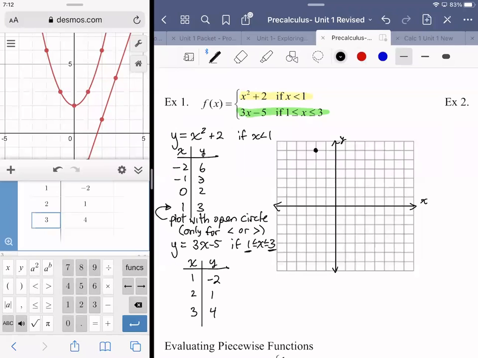I'm gonna plot -1, 3. 0, 2, and then 1, 3 I plot with an open circle. And again, that just means that we're going to get very, very close to the x value of 1, but we're never actually going to touch it. That's what this symbol means.